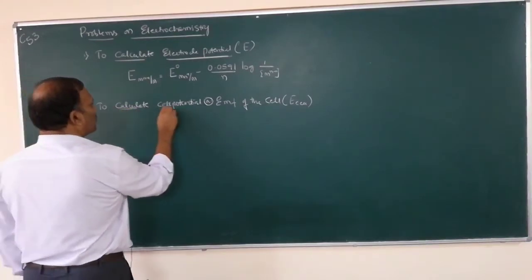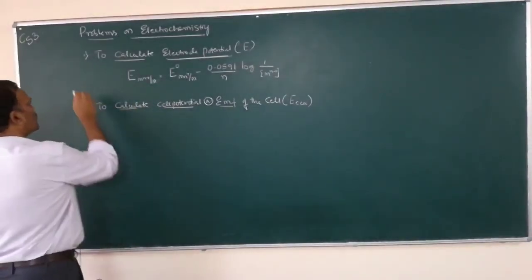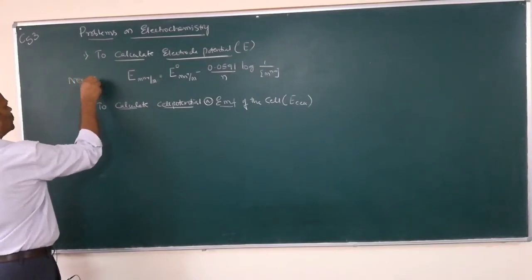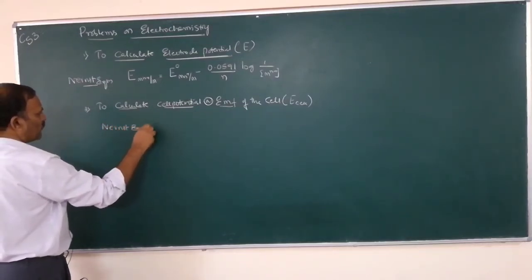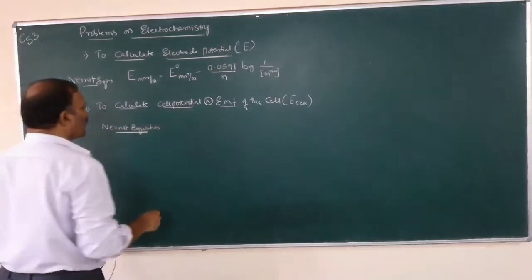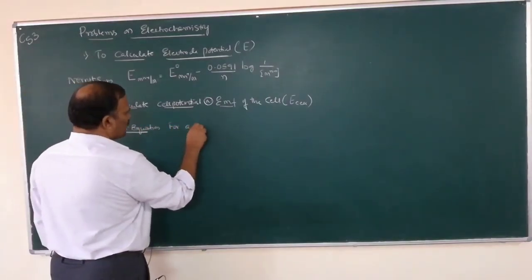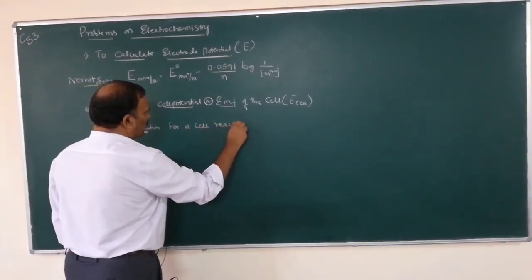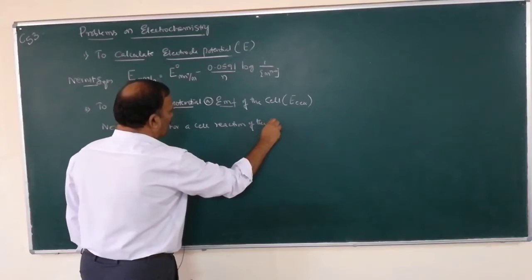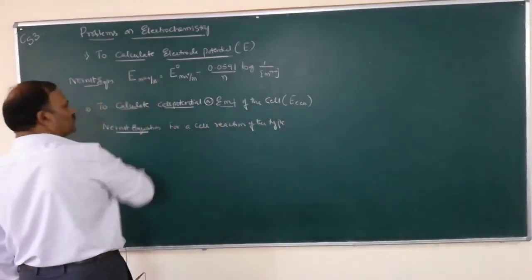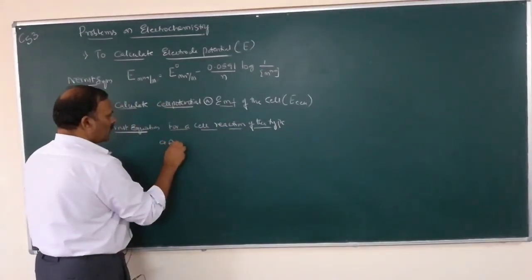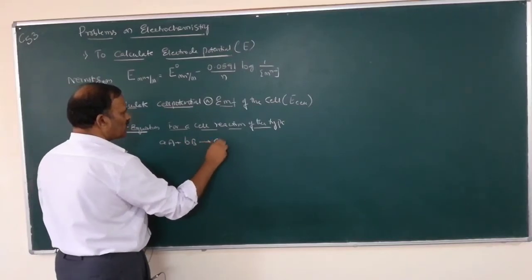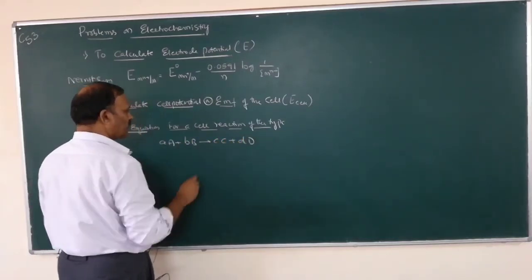For this, the Nernst equation is, this is also the Nernst equation, for a cell reaction of the type aA plus bB gives cC plus dD.